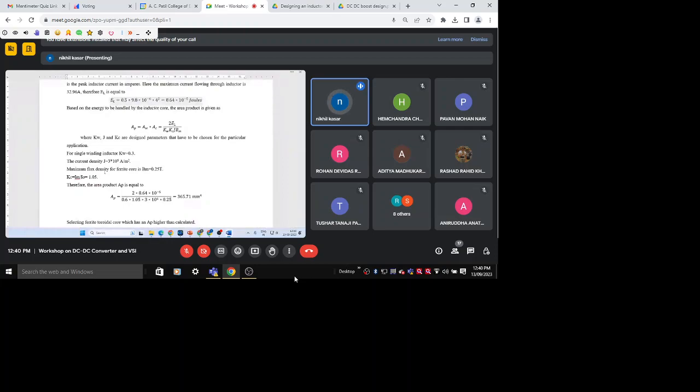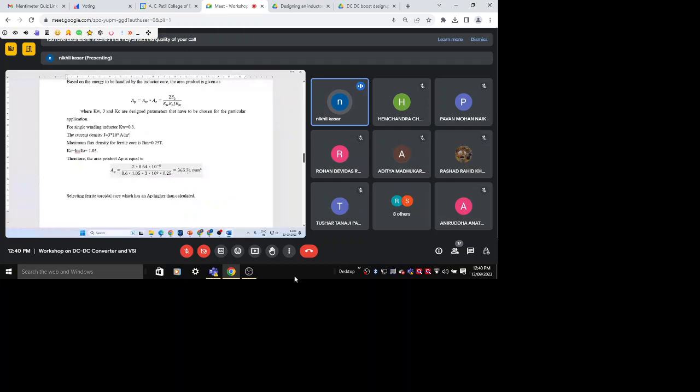This is the L I max, with Bm 0.05. Using these values in the product, you will get the core area.